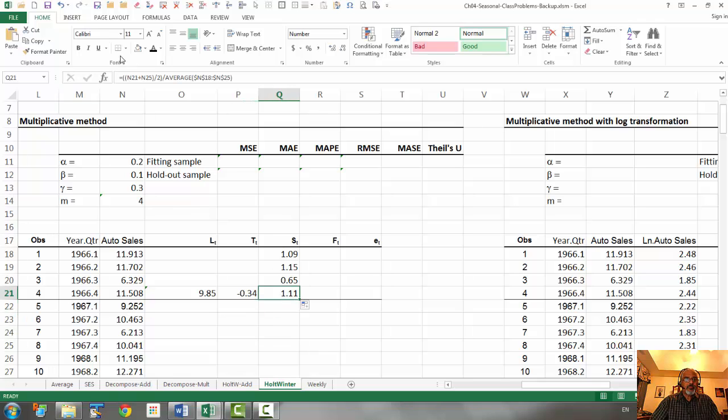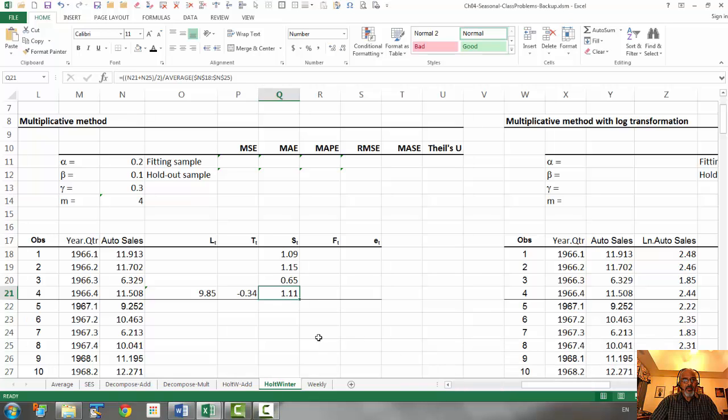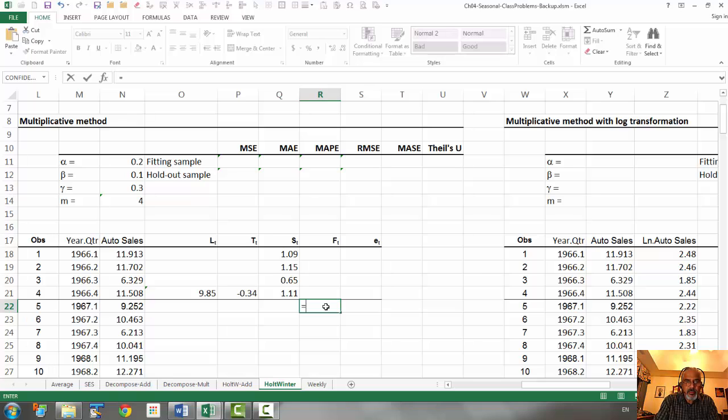Then we need to set up the rest of the model now. Okay, now the forecast then is L sub t plus T sub t times the previous seasonal factor, so that's the multiplicative model.